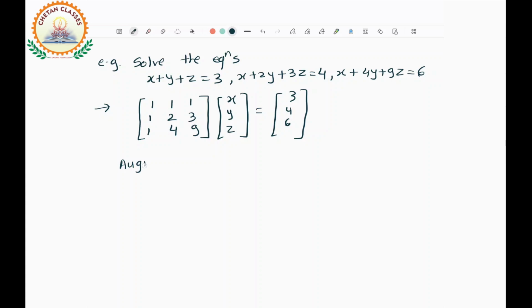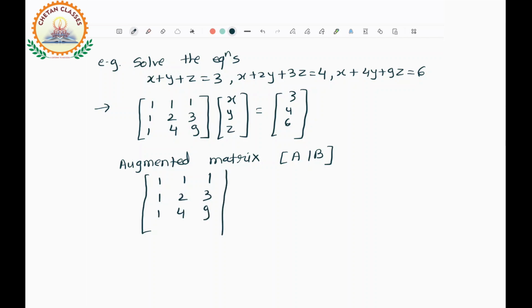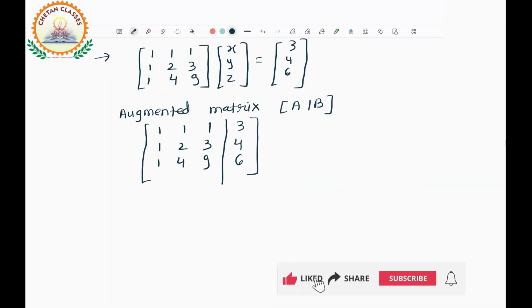Now write augmented matrix. A and B, we write it as one matrix. So first write A: 1, 1, 1, 1, 2, 3, 1, 4, 9. Now this is the partition and here write matrix B. Now solve this matrix using row operations.